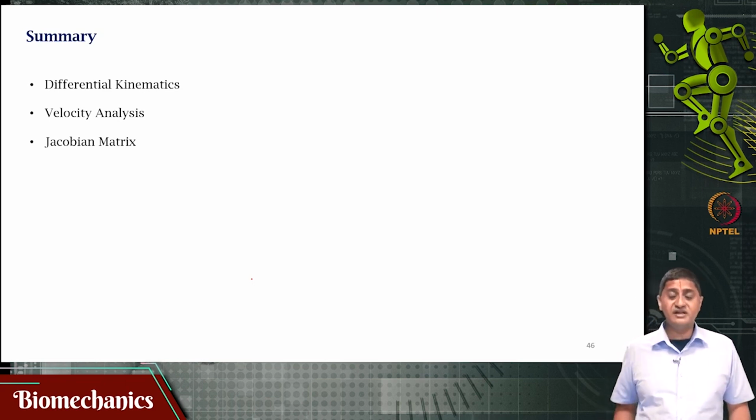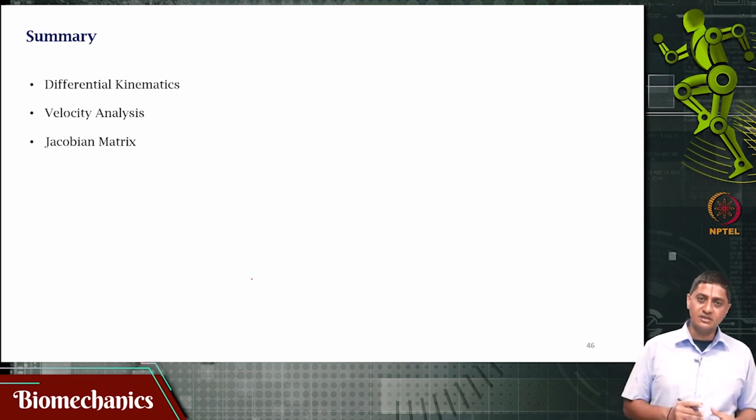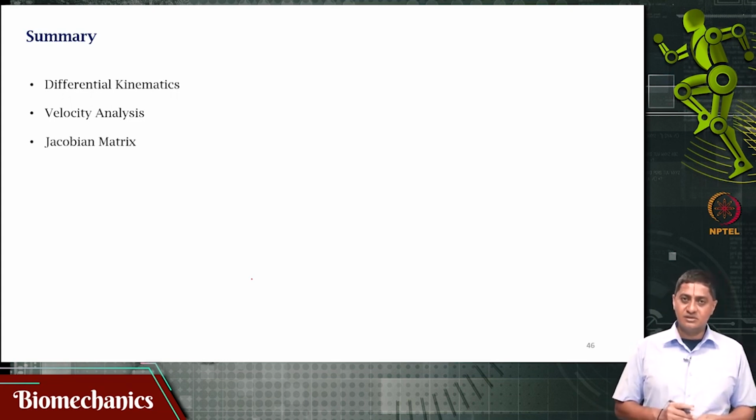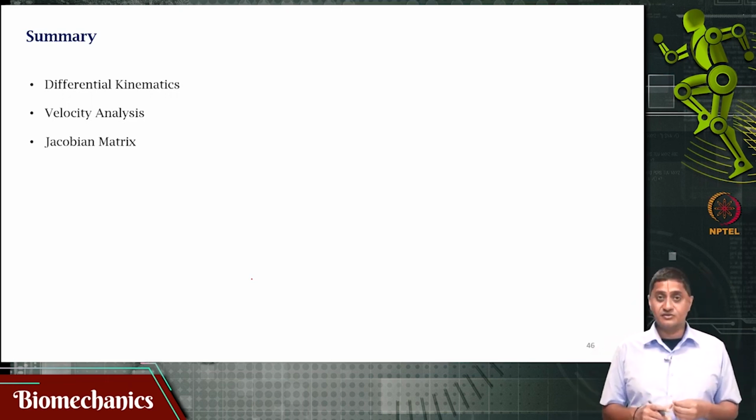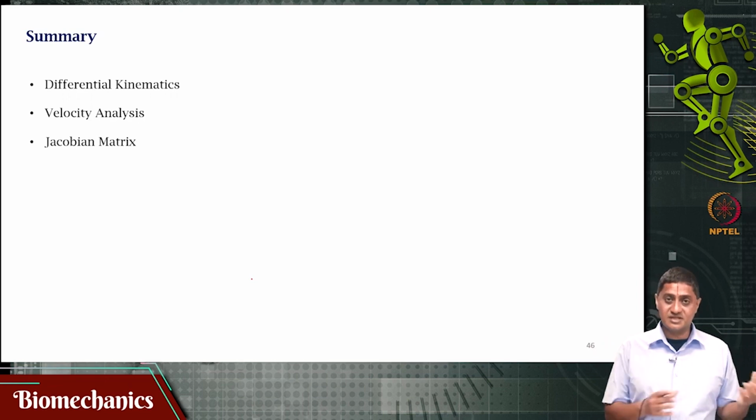We defined a special matrix called the Jacobian matrix, the matrix of partial derivatives that depends on configuration and helps us to geometrically map from the joint angle space to the end point space. So joint angle motion is used to describe end point motion.